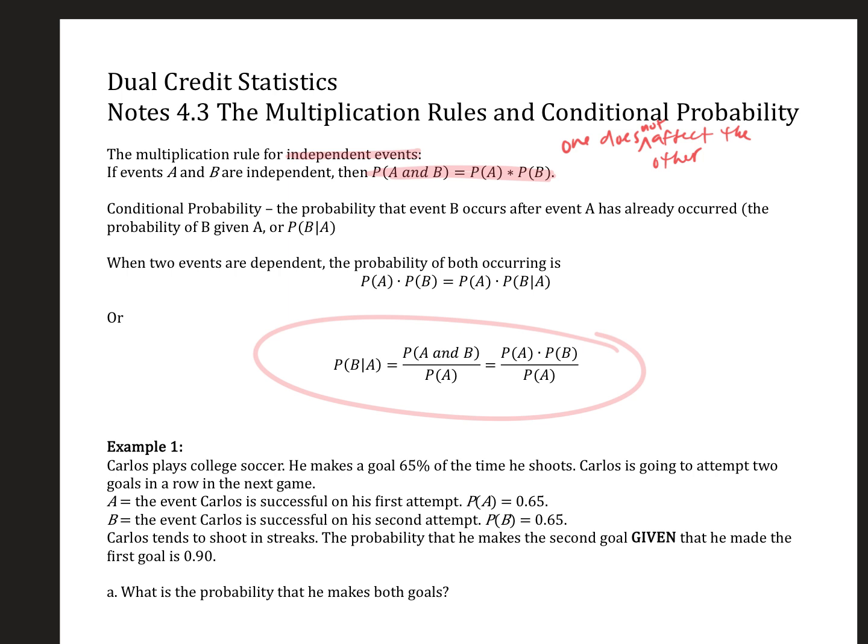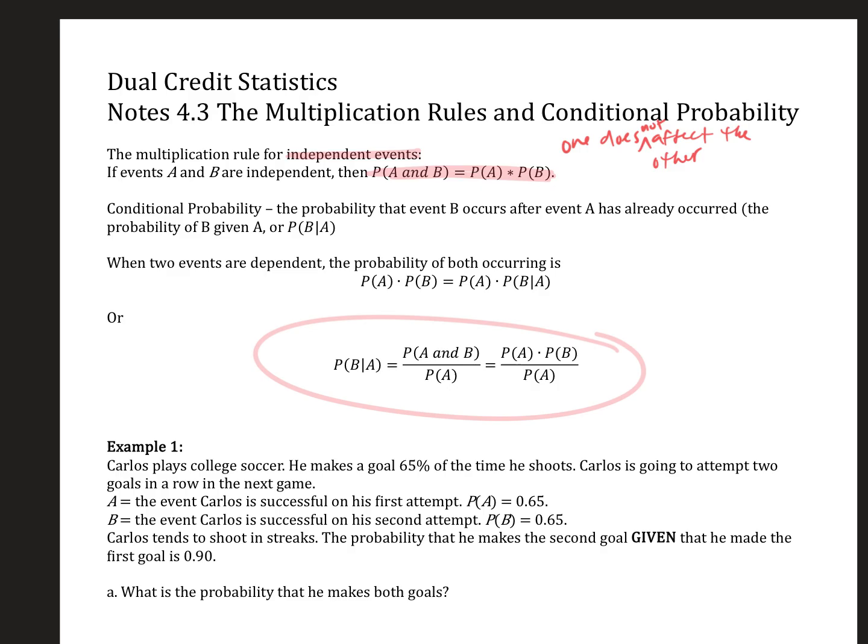So the intersection of the two divided by the one that was given. And if they're independent, what would happen here? They would cancel out and you just get the probability of B.